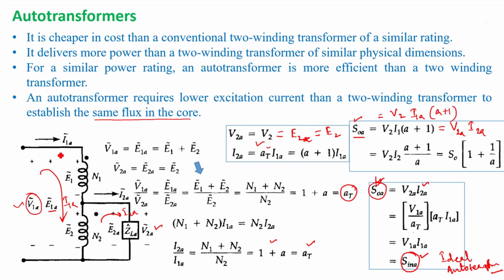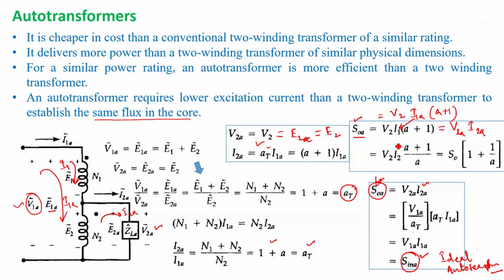So this I1A here is nothing but equal to I1, because in case of the two winding transformer, under rated condition, this I1 will be equal to I1A, right? Whatever current will flow in the N1 winding, when it is connected as a two winding transformer, will be equal to I1A under the rated condition, right? So therefore I can write I1A equal to I1, and it is substituted as I1. So I can write it as V2 into I1 into (A plus 1).